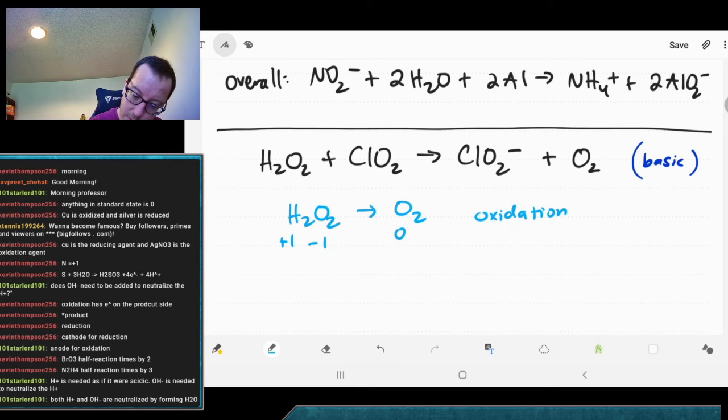No, this is a reduction. No, it is oxidation. Yeah, we're becoming more positive. Okay, so we're losing electrons there. Wait a second, why can't I think about this? Oxidation is losing electrons. We are losing electrons. Okay, yeah.